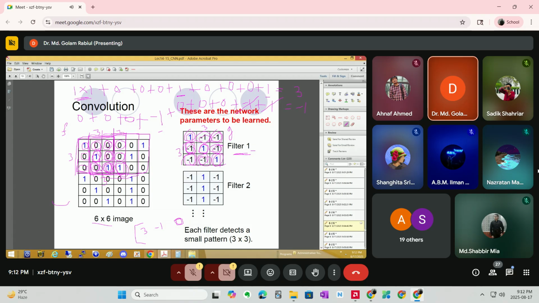So we will get this patch, and then again we can perform the convolution operation. We will get the value again here, and then we can shift 1 bit again. So if we shift 1 bit, then we will get the patch like this way.